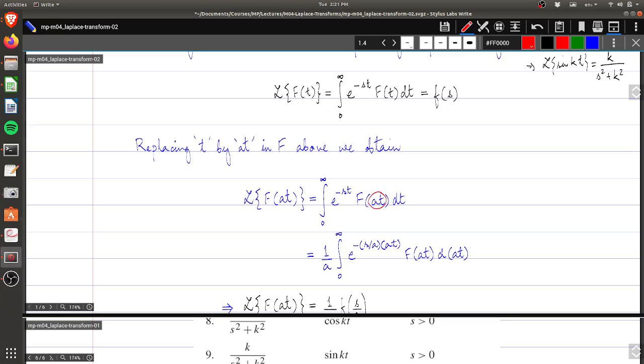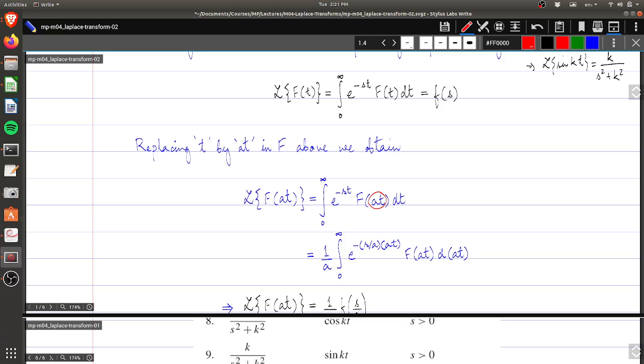Now we'll do a little bit of manipulation. In the exponent we multiply and divide by a, so we have s by a, and then a into t. Then we replace this t with at, so d(at) is nothing but a dt, which means I have to divide the entire thing by a, so 1 by a times this.